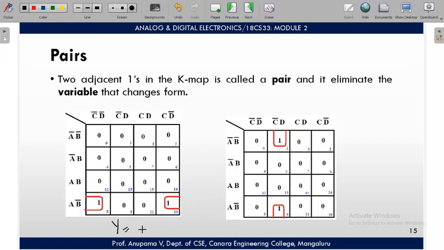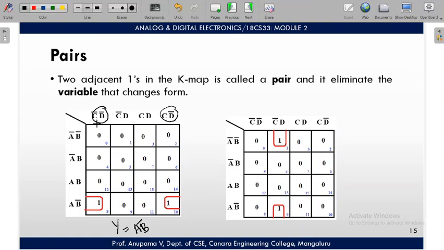Now first go row wise. Since the pair is formed horizontally, in the row I can find a single term. So write the term as it is, A B bar. Now I have to add the variable which we receive in the column. So go to the respective column. The columns are C bar D bar and C D bar.